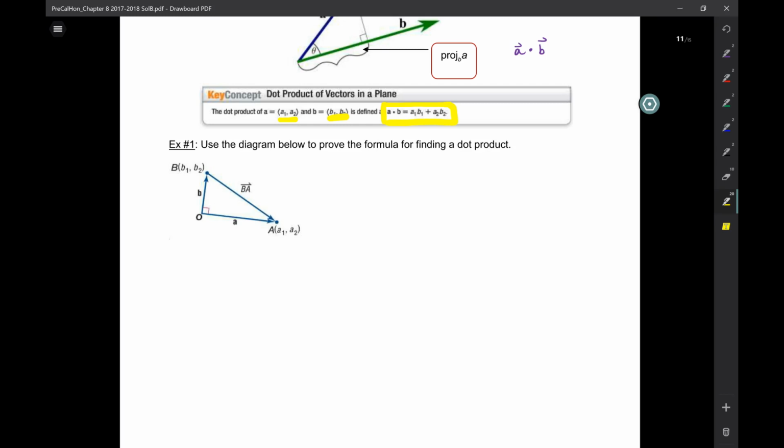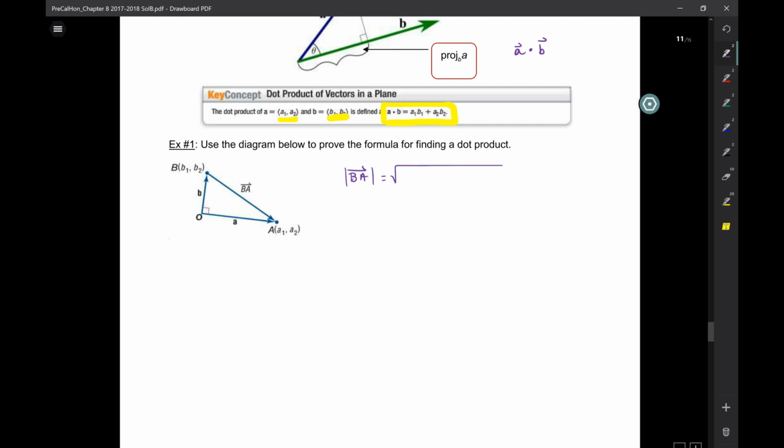A squared plus B squared equals C squared, right? Okay. So let's take a look at this for a minute. Suppose I wanted to find the length of BA. If I wanted to find the length of BA, what could I do? Distance formula.